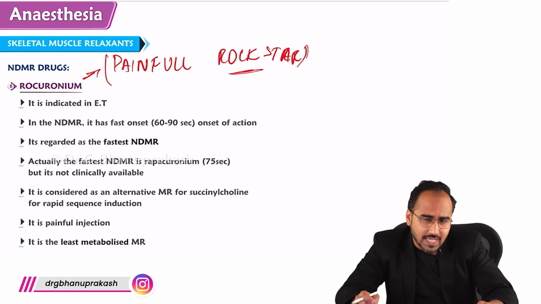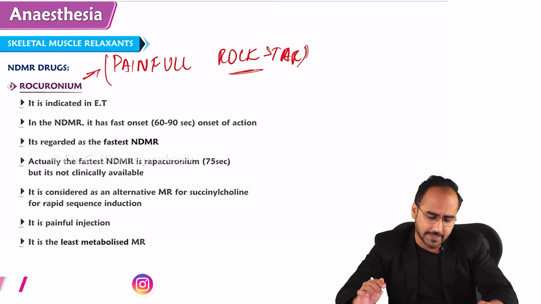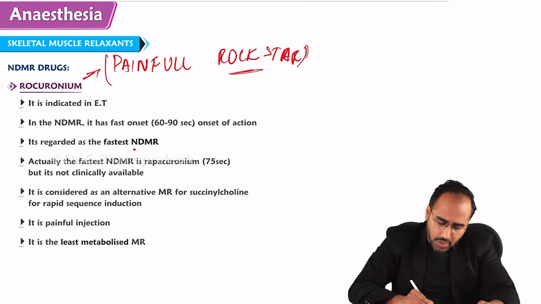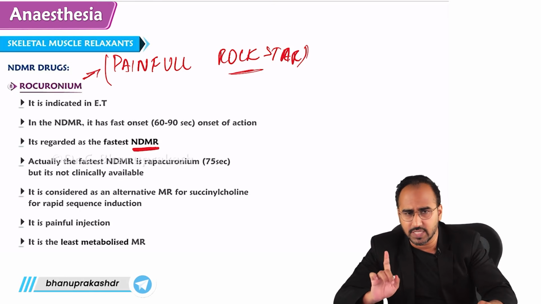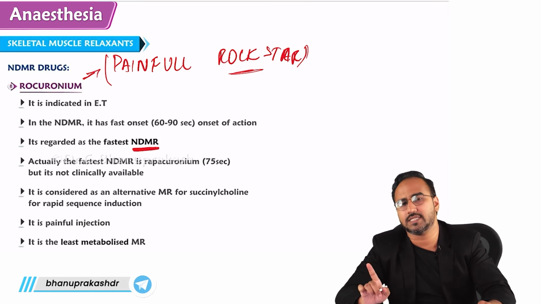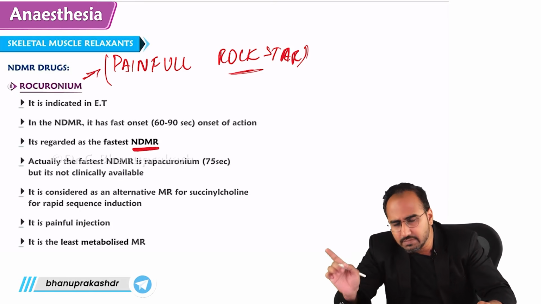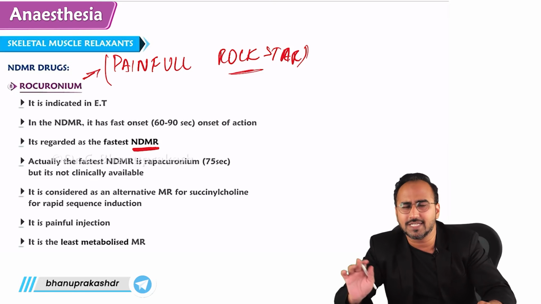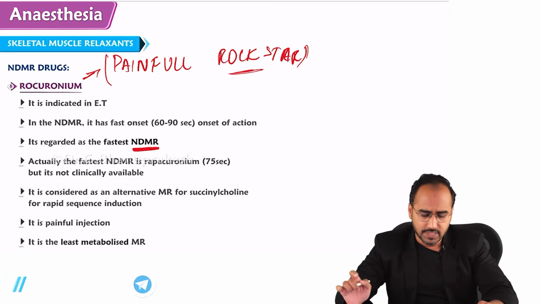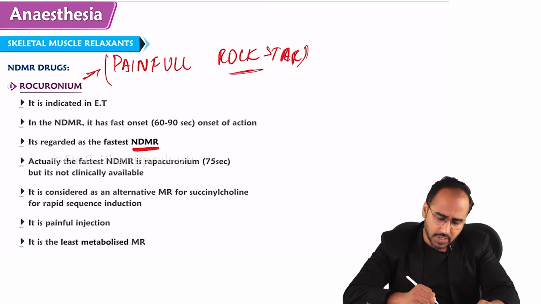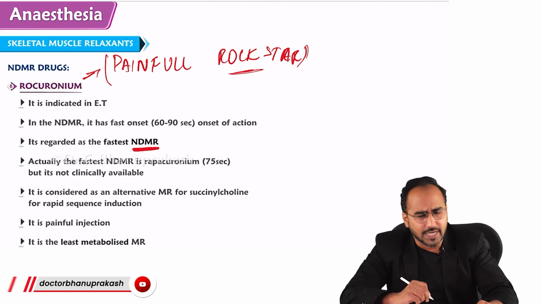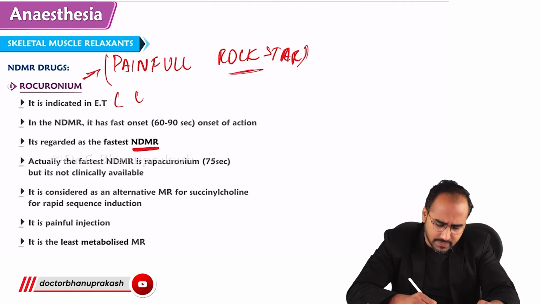Hence, it is the fastest acting non-depolarizing muscle relaxant. Once again, I am emphasizing this point. Shortest acting non-depolarizing, Miva. Fastest acting non-depolarizing, Rocuronium. Right? So remember, Rocuronium is a painful rock star. Rocuronium is usually indicated for endotracheal intubation. ET is nothing but what, guys?